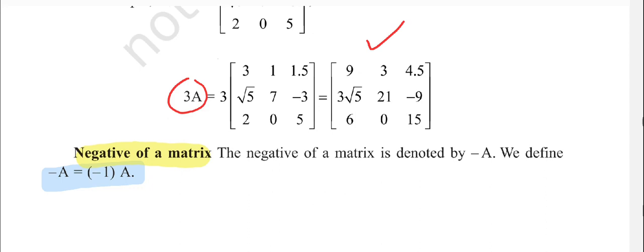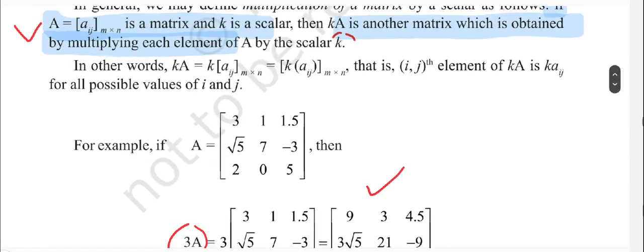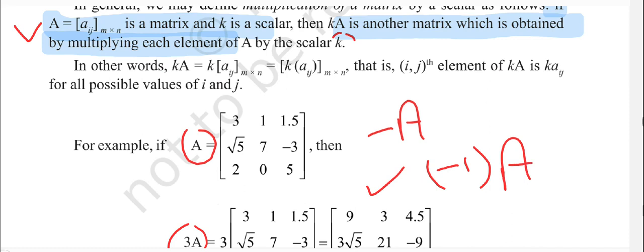In case of matrices, we define subtraction in a different way. Subtraction is defined as the multiplication of a matrix by a scalar. So if I have some matrix A and I want to find minus A, I will simply multiply this matrix A with minus 1.